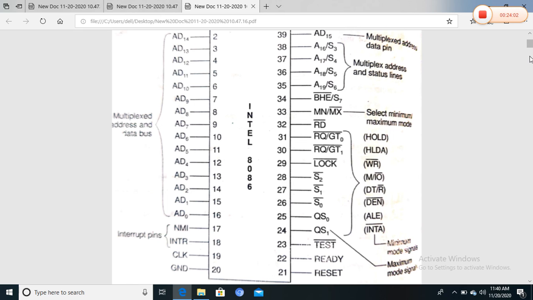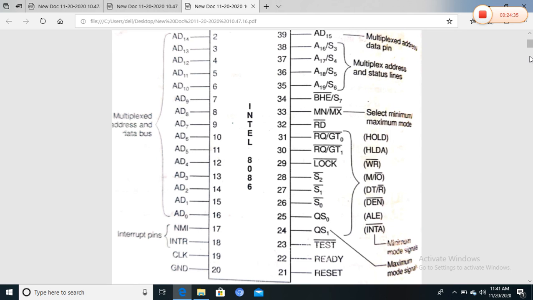When 001, an IO read operation is performed. 010, IO write operation. 011, halt operation. 100, opcode fetching operation. 101, memory read operation. 110, memory write operation. And 111, passive operation.